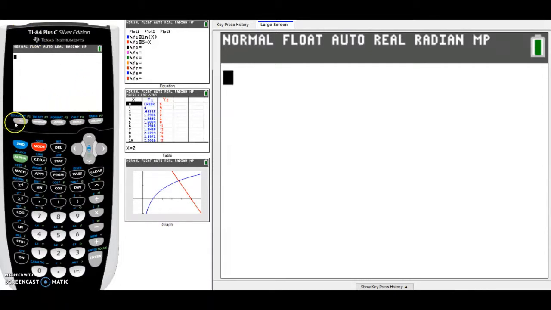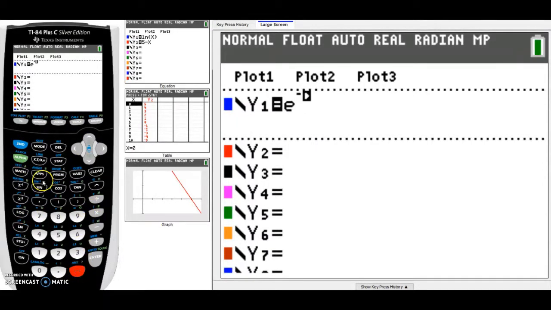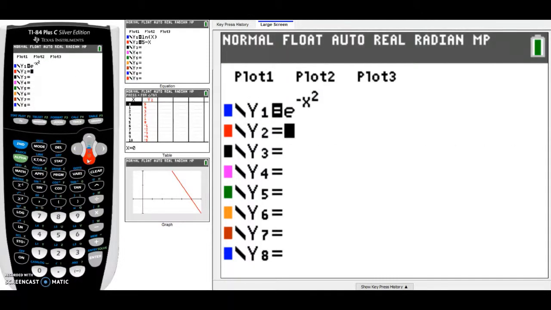Okay, so what we're going to need to do is go to our grapher, and let's clear out any equations that we have already in the y equals. Our first equation is e to the negative x squared, so e raised to the negative x squared for our y1, and then our y2 is 1 minus cosine of x.